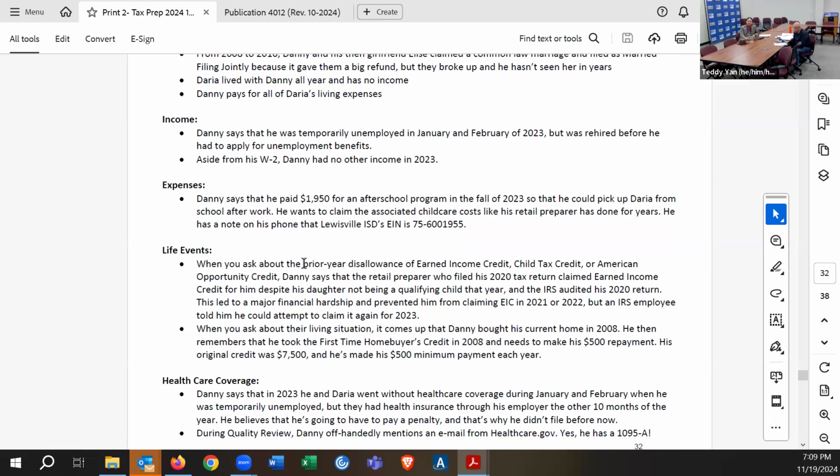Specifically, a big one is the prior year disallowance of a refundable credit.